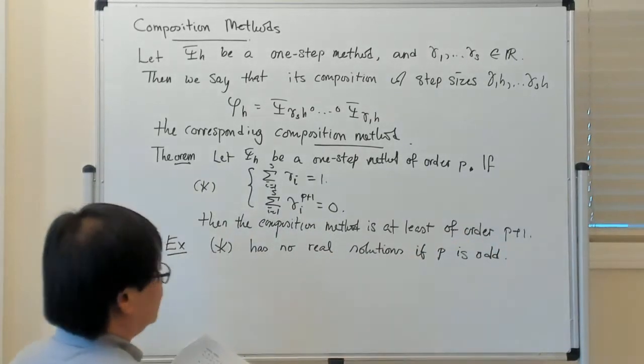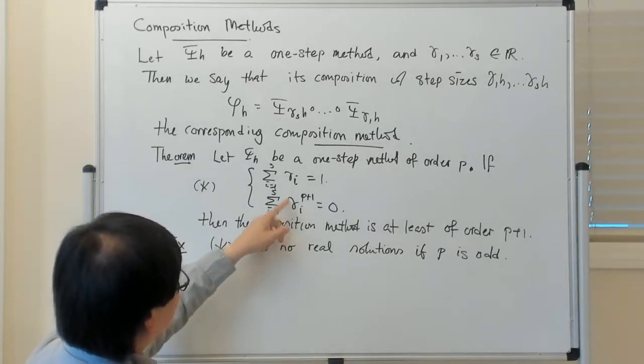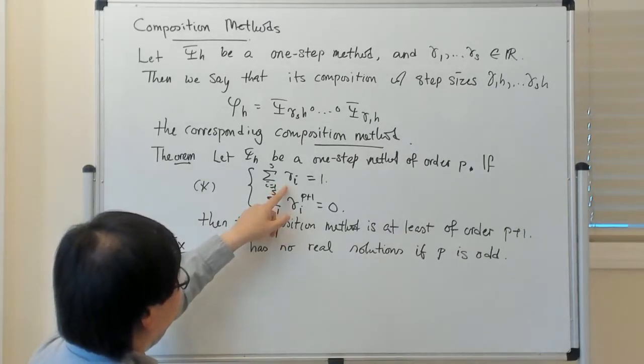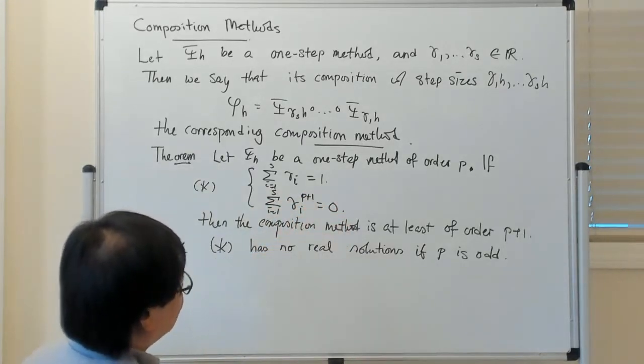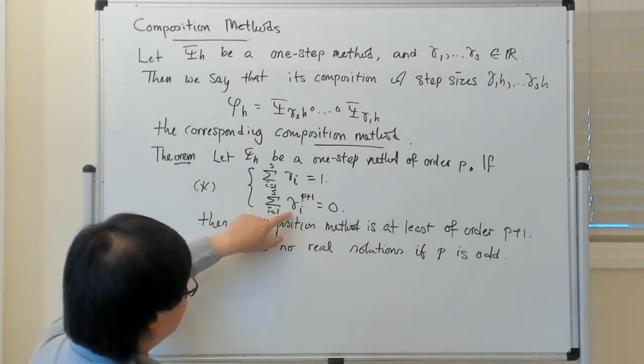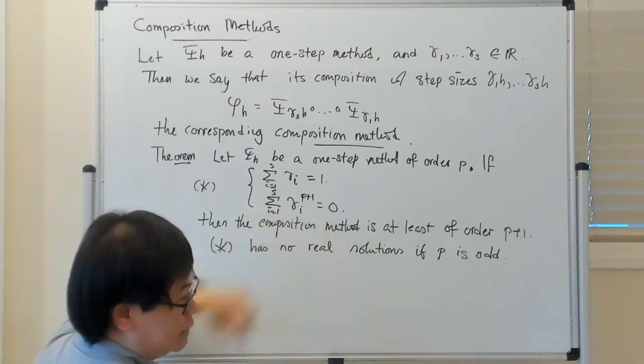That's just an observation, and you can see this because the first condition is that the sum of the gamma i's is equal to 1, which basically means that at least one of these is non-zero. But the second condition is that the sum of gamma i to the p plus 1 is 0.